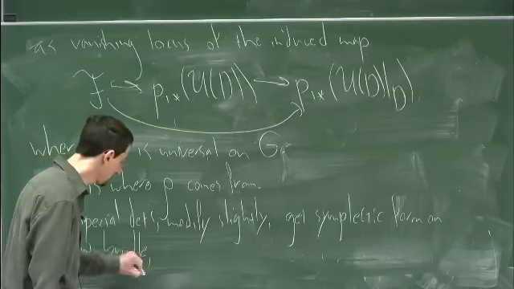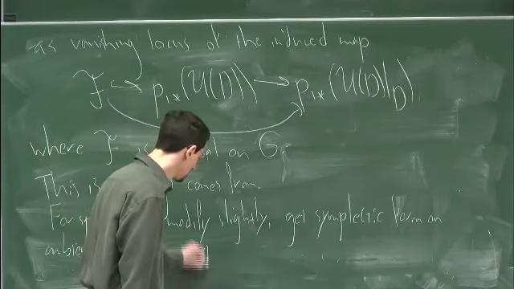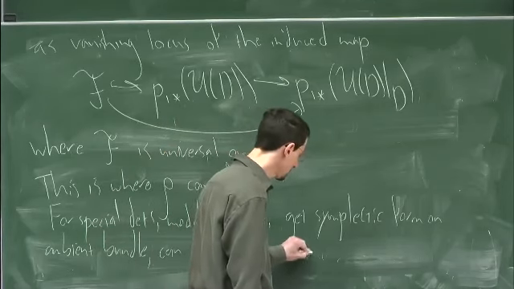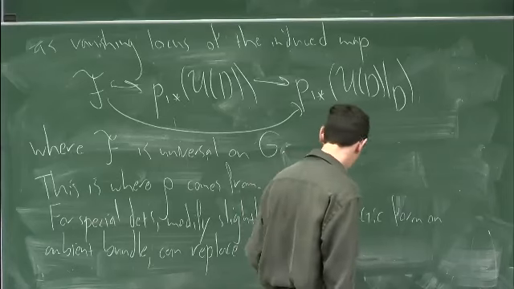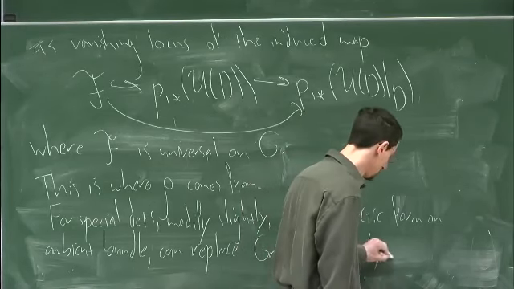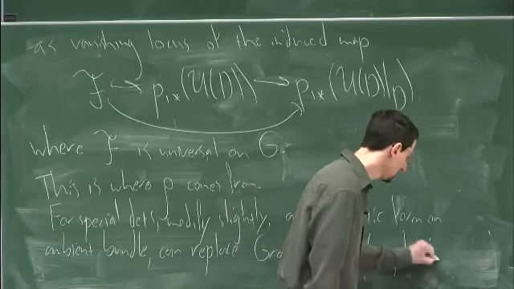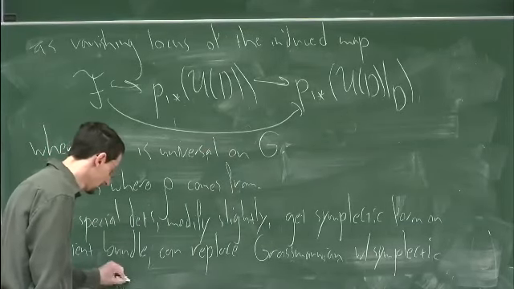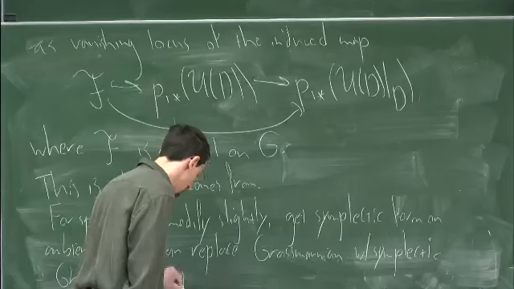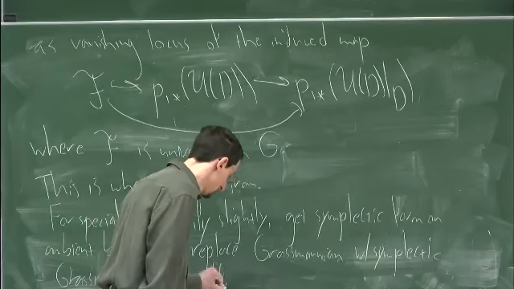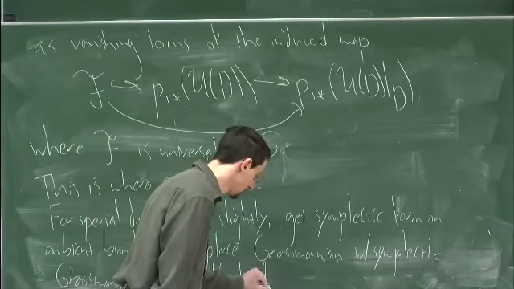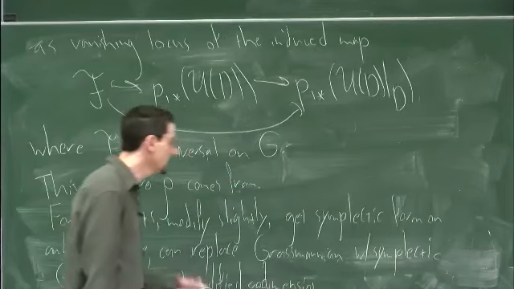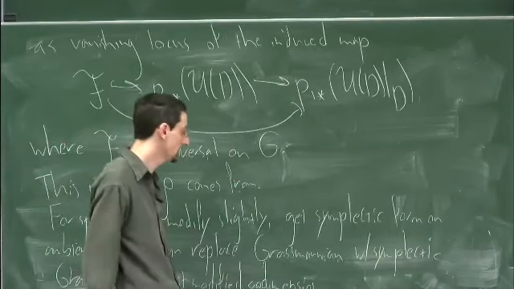And then you can replace the universal relative Grassmannian with the symplectic Grassmannian. And that's what accounts for the modified codimensions. So these theorems on modified expected dimensions come from trying to generalize this idea.